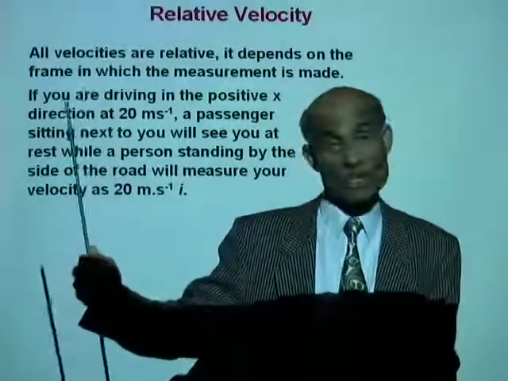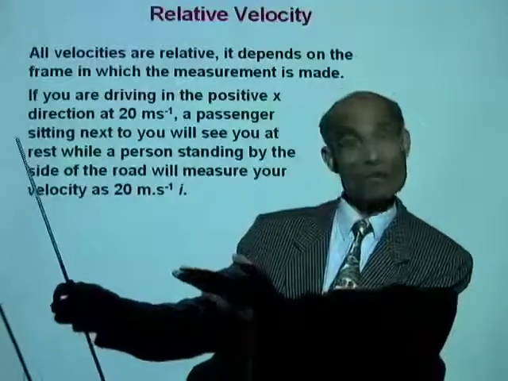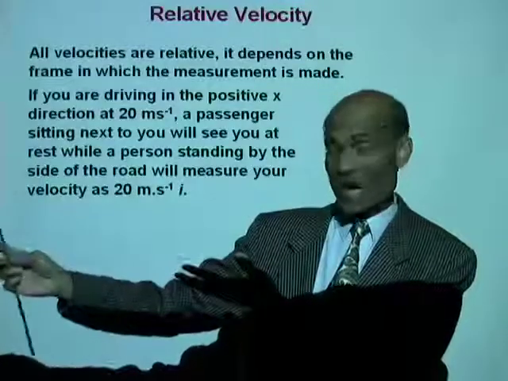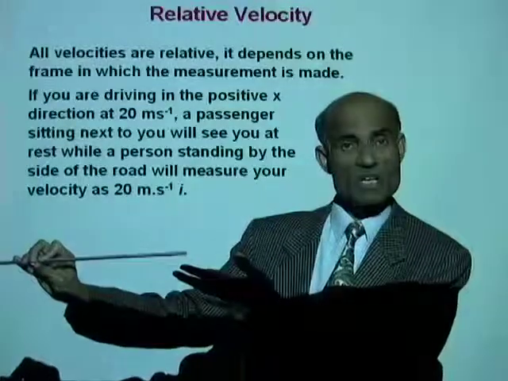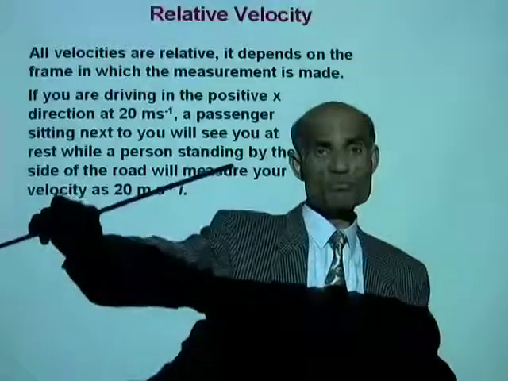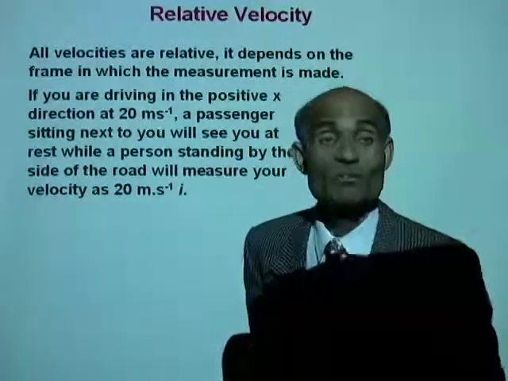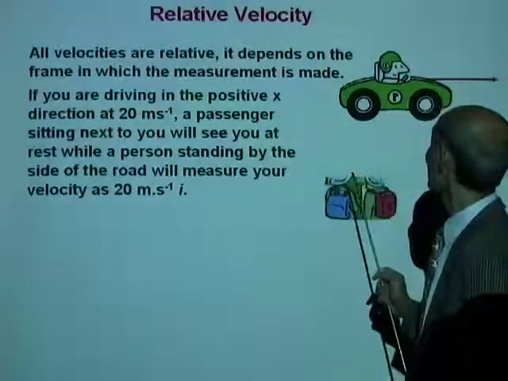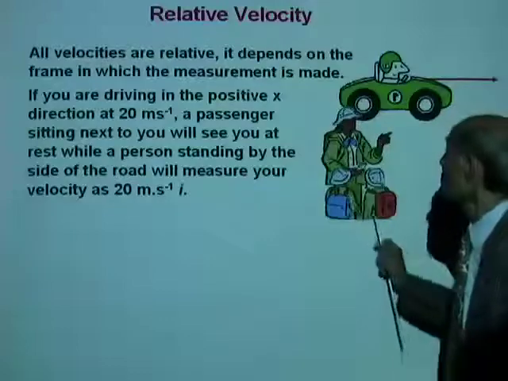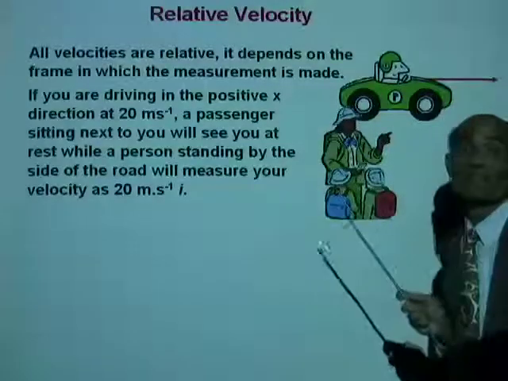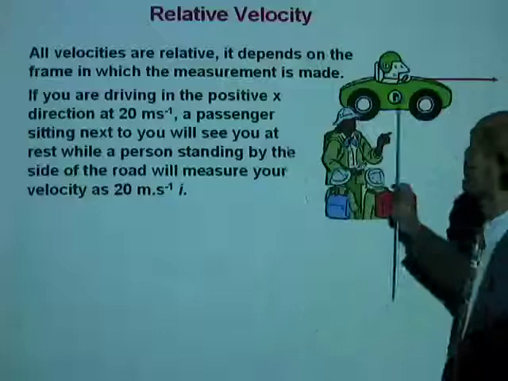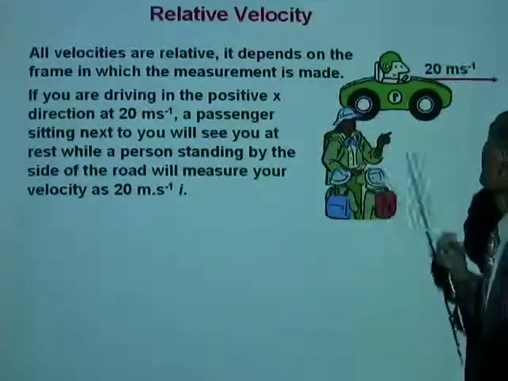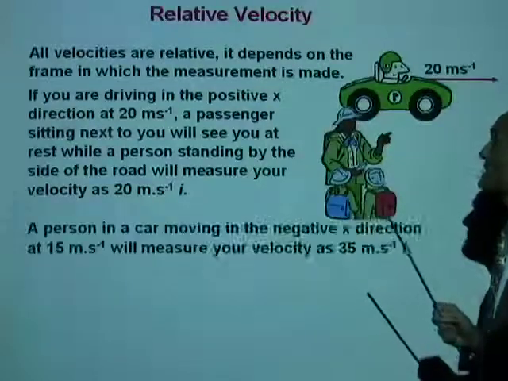You look at your friend in the passenger seat and say, hey, you are at rest. But a person standing outside looks at the passenger and says, the passenger in the car is moving in the x direction with a velocity of 20 meters per second. Is that right? Yes. So the person outside will see the person in the car moving due east, or in the positive x direction, with a velocity of 20 meters per second.